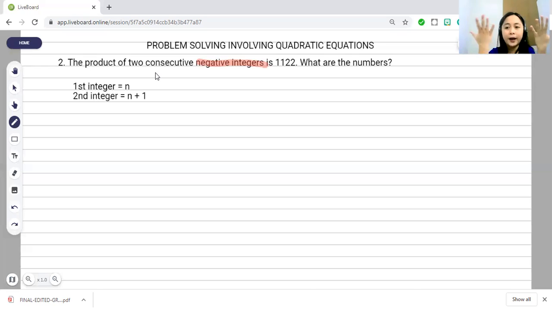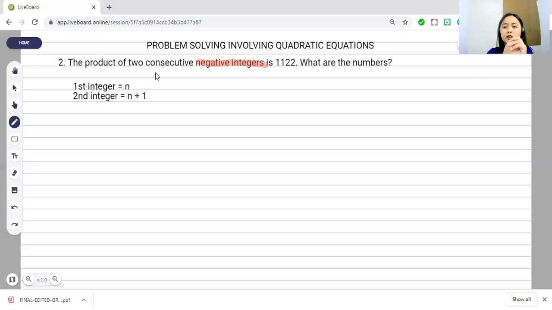For example, if our number is 5, how do we get the number after 5? Which is 6. How did we get 6 from the first integer 5? You added 1, right? So to get the number after 5, you added 1 to it. That's the same concept that we're going to apply in representing our first and second integer.